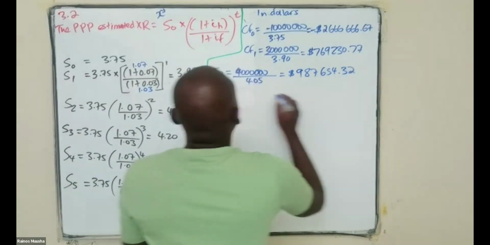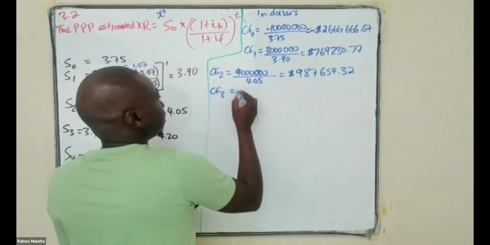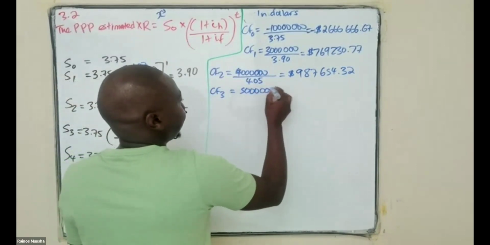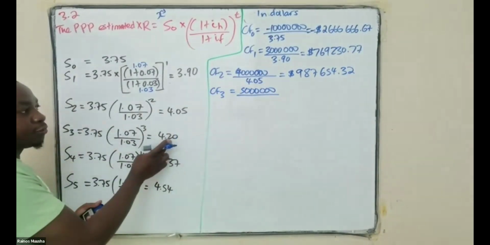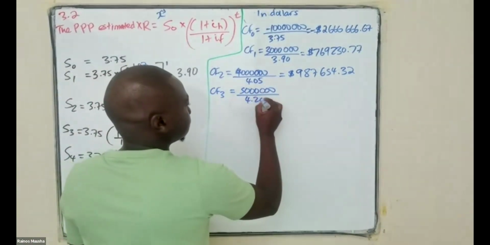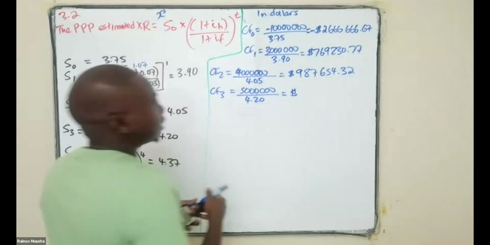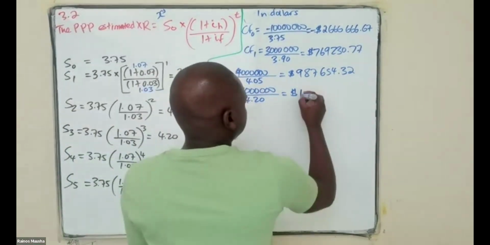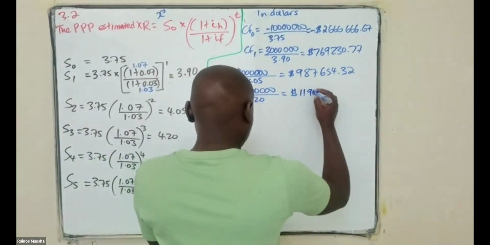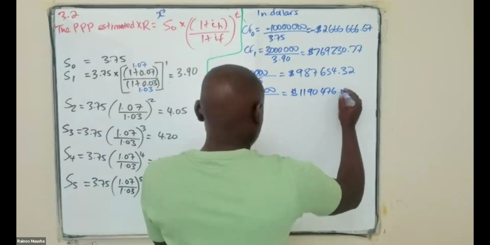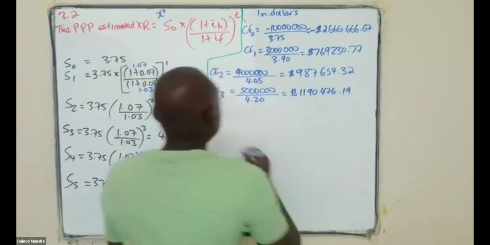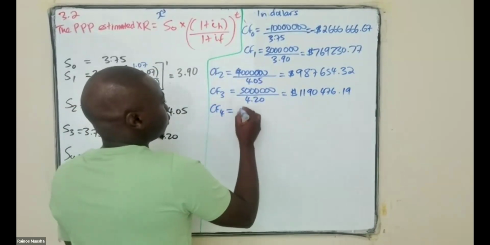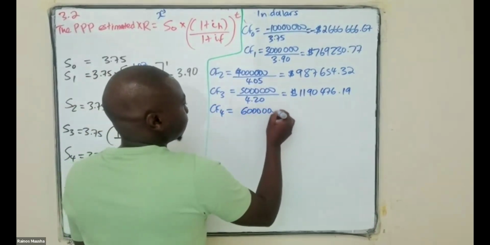987,654.32. And then your cash flow for year 3: for year 3, the exchange rate is 4.20, and you get a cash flow of 6 million.